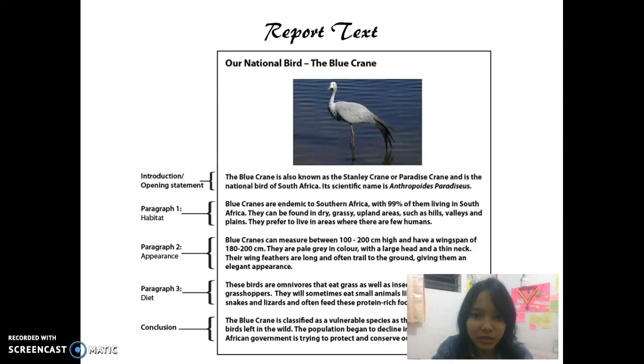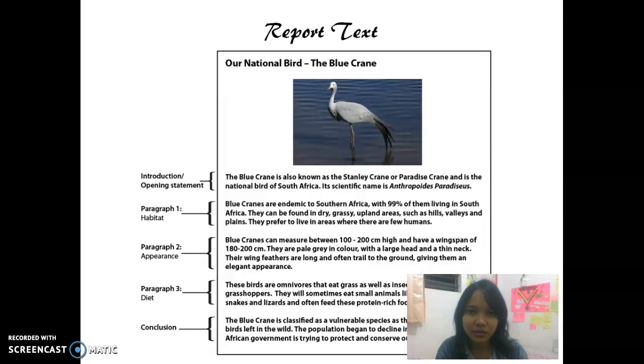If you look at the first paragraph, the blue crane is also known as the Stanley crane or Paradise crane, and is the national bird of South Africa. Its scientific name is Anthropoides paradisus. In the first paragraph, it introduces that the blue crane comes from South Africa, and it is the national bird of South Africa.